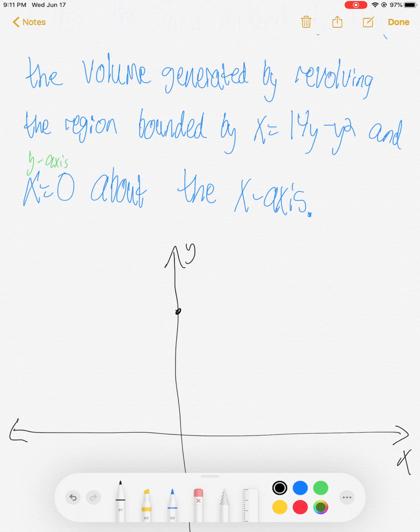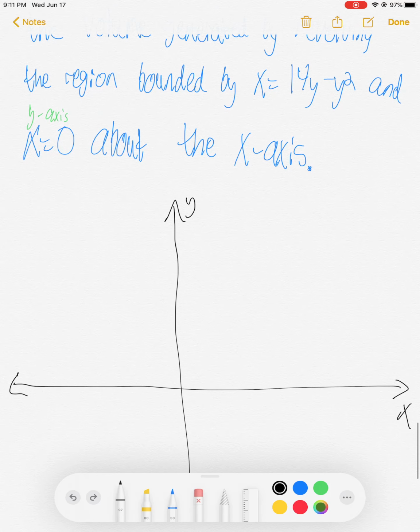So I don't know exactly where the vertex is.